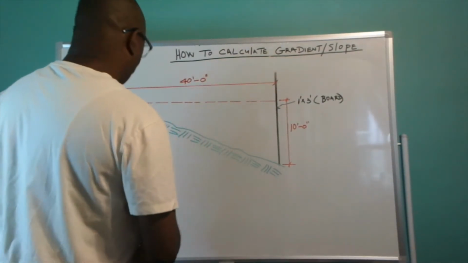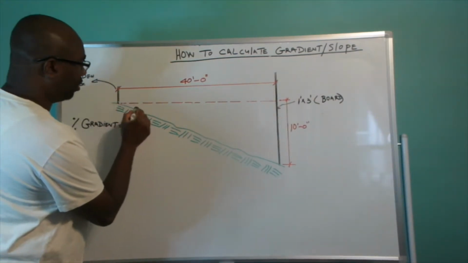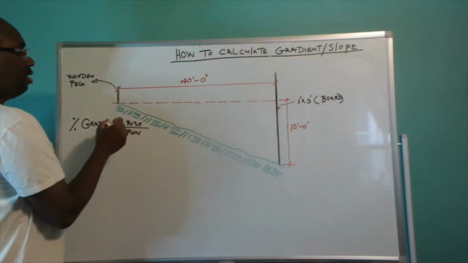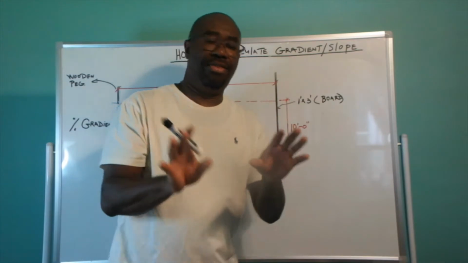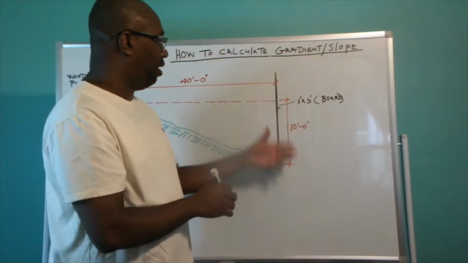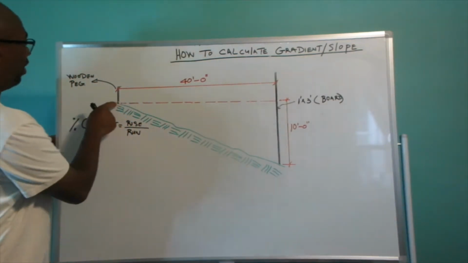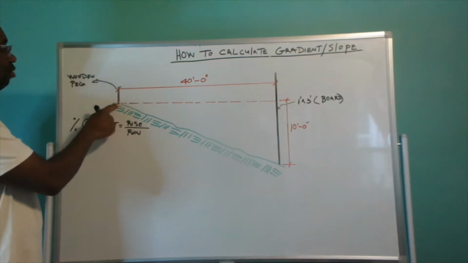So therefore, this is the land here. The land is sloped down like this, right? And I'm going to tell you how to set up the different things so that you can obtain the height of your slope. At the end of the land here, you're going to drive a wooden peg, right?